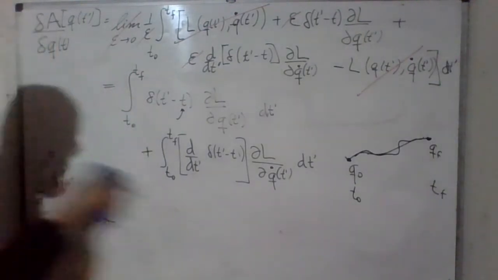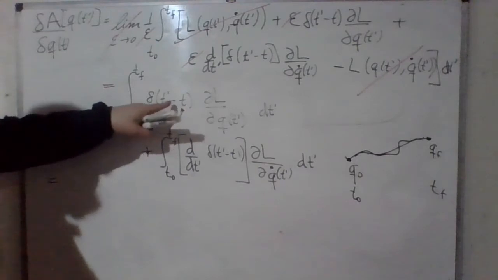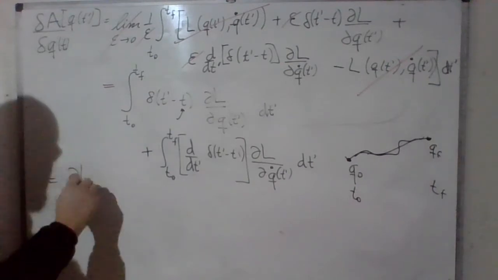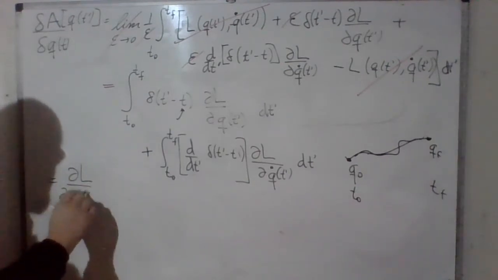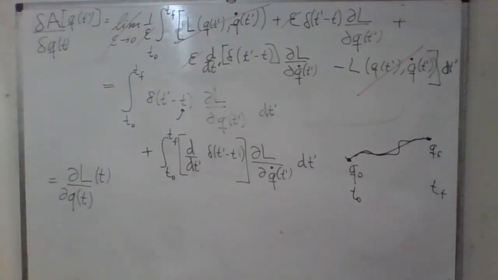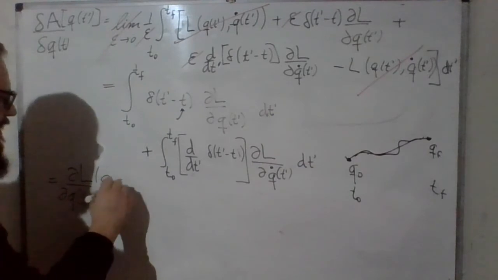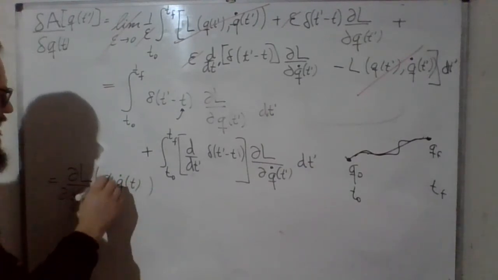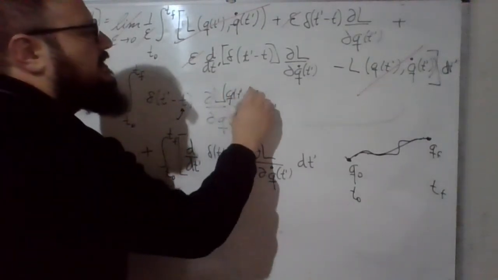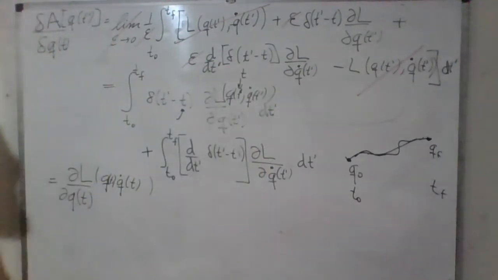No problem with that. And okay, the first term I can integrate easily. Just replace where I find t prime by t. So I have dl dq evaluated at time t. So this Lagrangian is calculated at time t, of course, right? As a function of q and q dot at time t. Now, it was q of t prime, q dot at t prime. Now I need to insert in replacement the value of t.